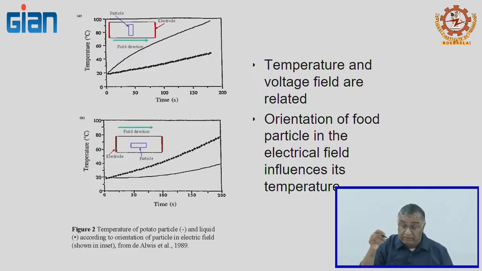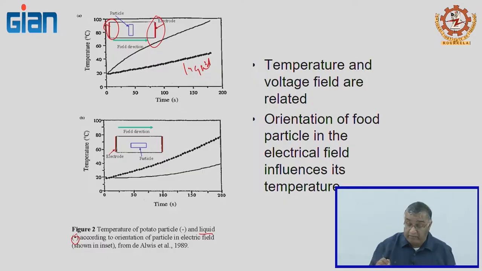Here we illustrate that you have a potato particle and how the potato is oriented with respect to the electrode. So you have the electrode here, the particle here, and then the heating rates can be different. The liquid is the dotted line, so this is the liquid, whereas the potato is here, this is the solid.